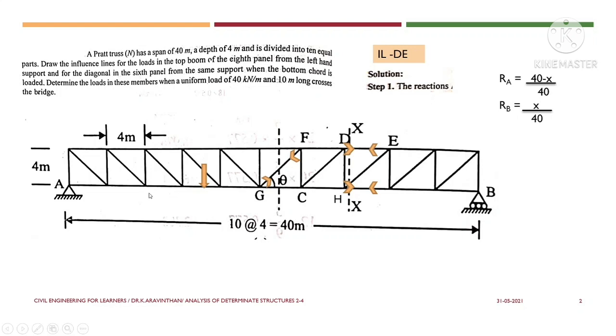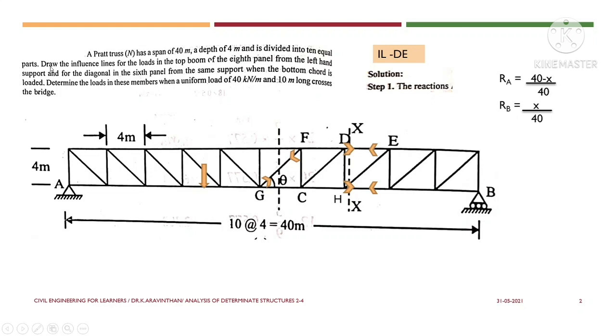In this problem, a Pratt truss of 40 meter, with a depth of 4 meter, is divided into 10 equal parts. This is the depth of the truss. Draw the influence line for the load in the top boom of the 8th panel.